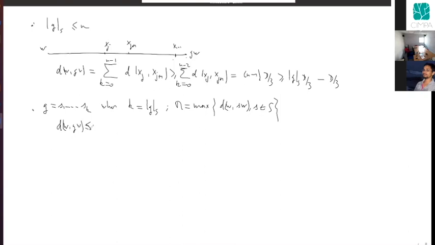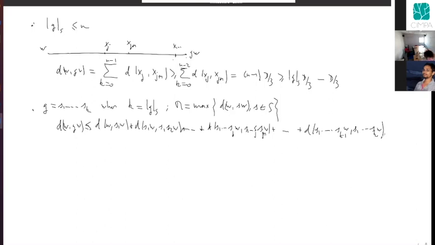Well, I will say that the distance from W to G of W is, by the triangle inequality, at most the distance from W to S1 of W, plus the distance from S1 of W to S1 S2 of W. Then I get to something like the distance from S1 up to Sj of W to S1 up to Sj plus 1 of W. And then the last term that I will obtain is the distance between S1 up to Sk minus 1 of W and S1 up to Sk of W. This is just the triangle inequality where I put elements on the right.